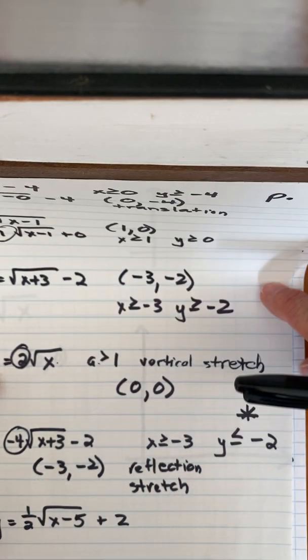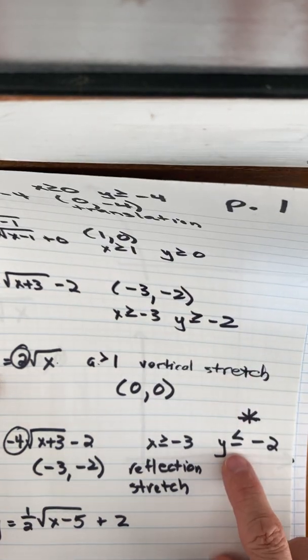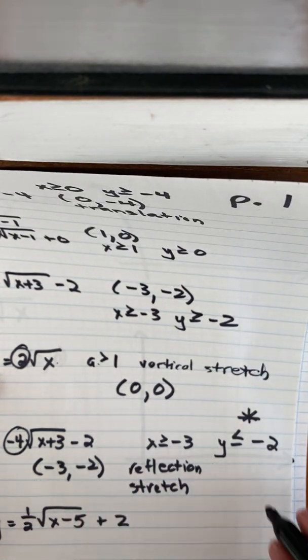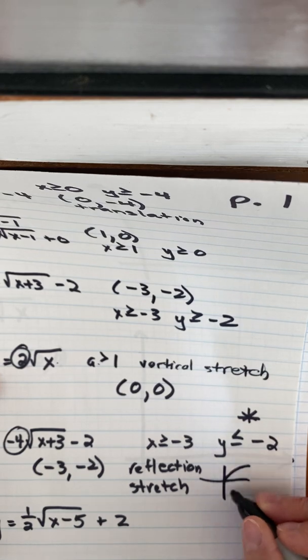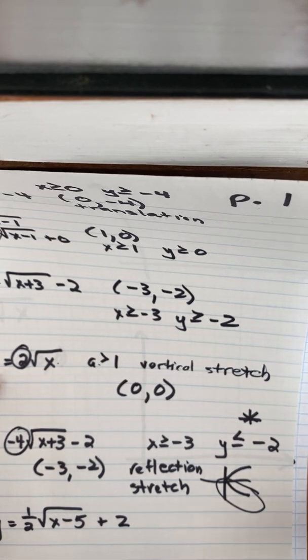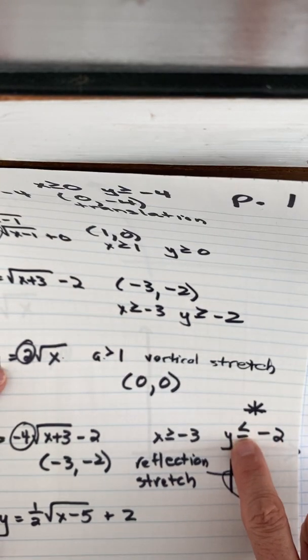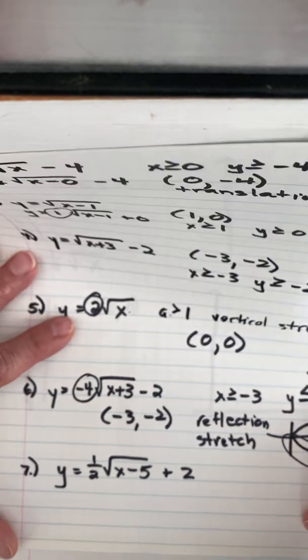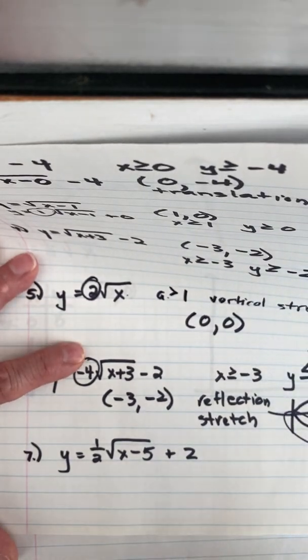Why all of a sudden now is my range less than negative 2? Well, that's because if it's reflecting, it's going to go like this. And so that means all of your y values are going to be lower. So just be careful. When it's a reflection, y is less than something instead of greater than something.